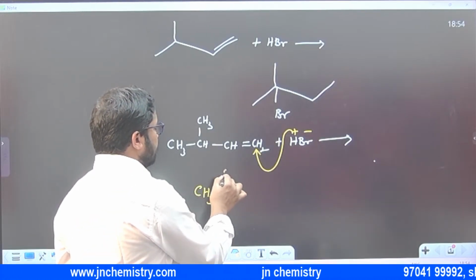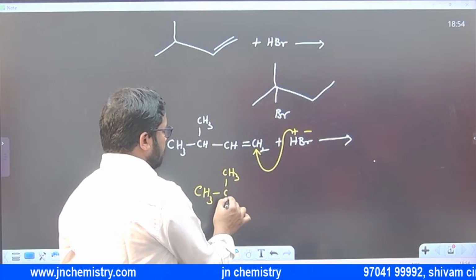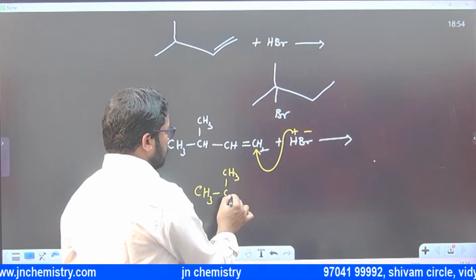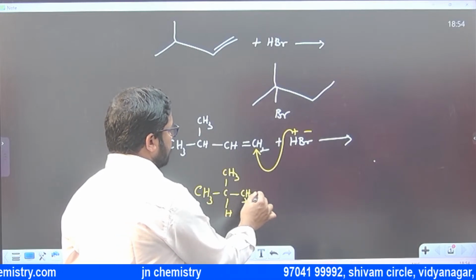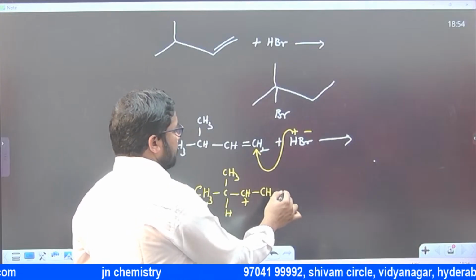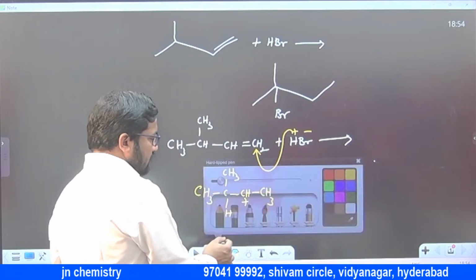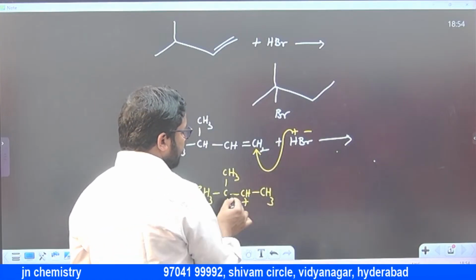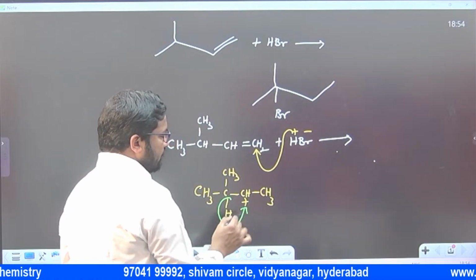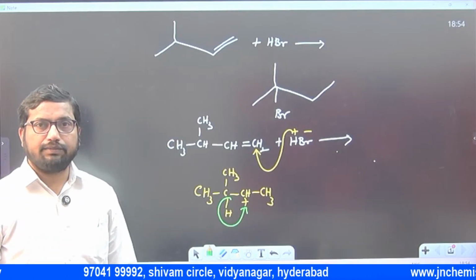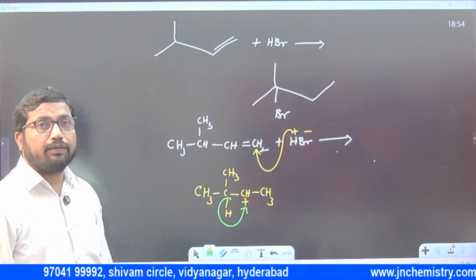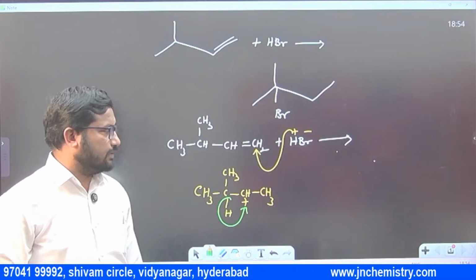CH3 C+ CH3 with H. So then carbocation rearrangement takes place. Why does carbocation rearrangement take place? Because the adjacent carbon is a tertiary carbon.